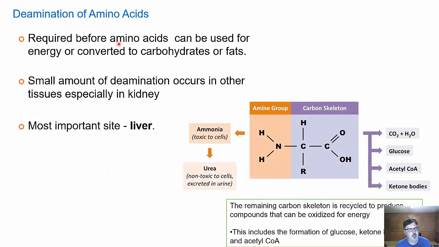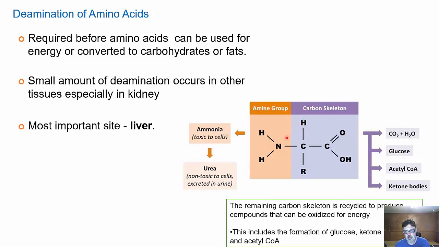So first of all, let's take a look at deamination. Deamination is the removal of this amine group here from the amino acid. And this is required before the amino acids can be used for energy or for other purposes. So what'll happen is that we have this deamination, and that'll convert this into ammonia, which can then enter into the urea cycle.